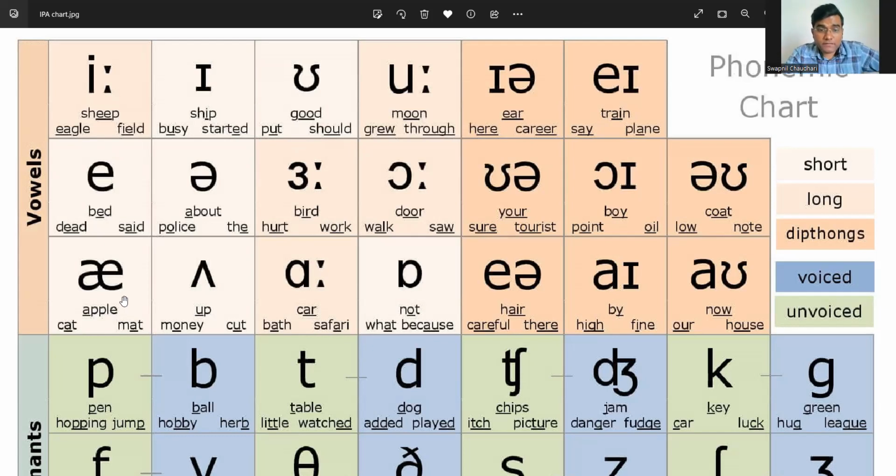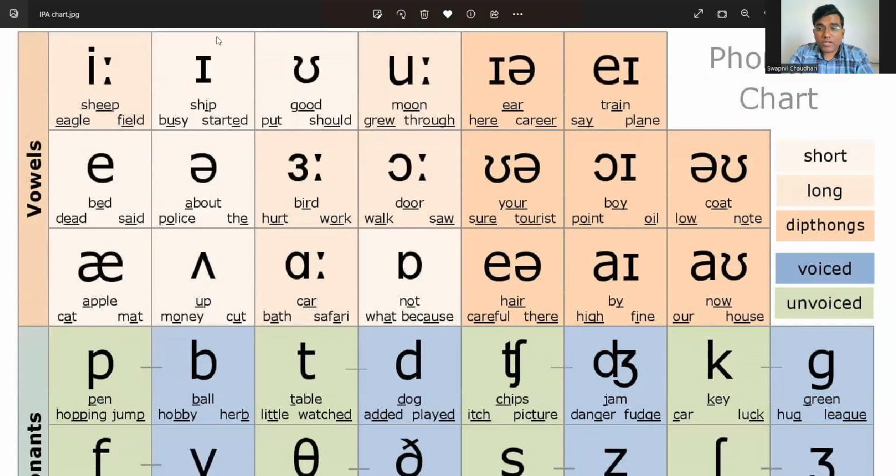So over here, you can see the first one is A, and then we have up, car, not, or ball, right? And then about, right? So this is the reason why these symbols are mentioned, so that when you have to read it, you should be able to read it more effectively or easily.